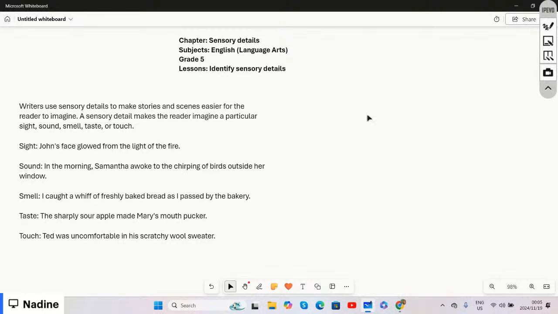And the lessons that we are going to be focusing on today under the chapter of sensory details. So we're going to identify sensory details.